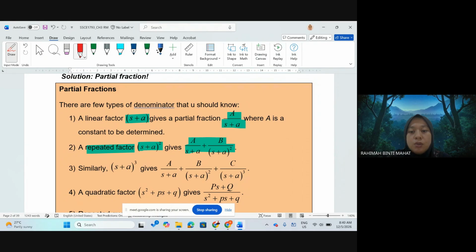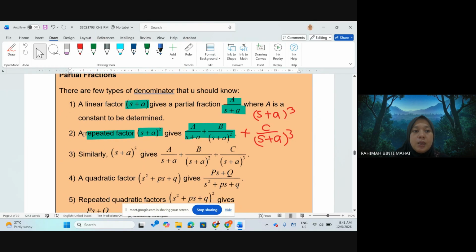If the question is s plus a cubed, this will give you another term, C over s plus a cubed. And if there is another repeated factor up to power 4, you have to add another term, D over s plus a to the power of 4, and so on. Okay, that is for the repeated factor.